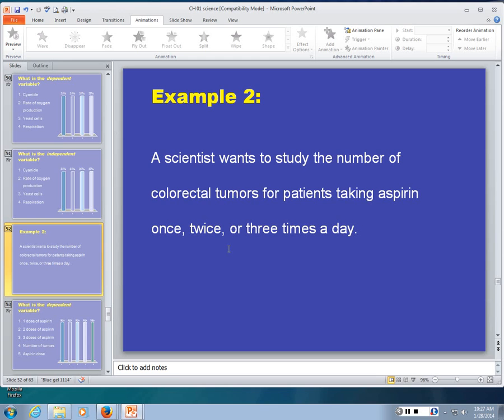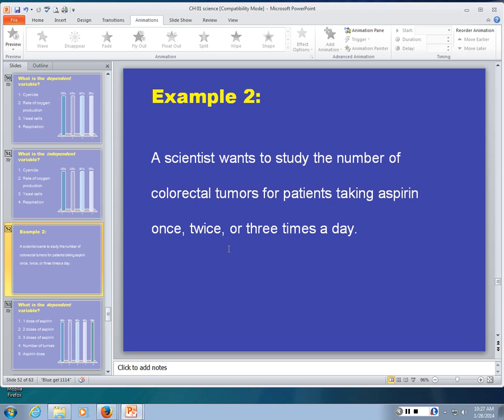To go back to our definitions, how do we define the generic independent variable? What you're investigating. The dependent variable is what's being measured. The standardized variable would be what's held constant, without any treatment.